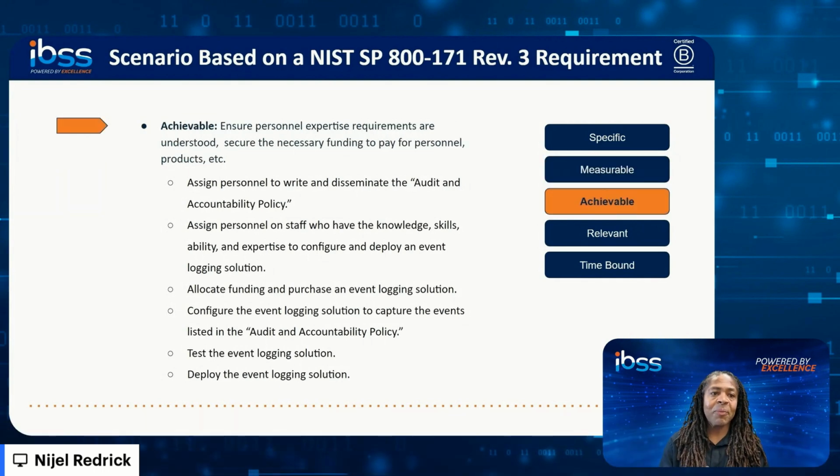Achievable. Now, notice here that our milestones are repeating themselves, but what we're doing is highlighting the attributes of a SMART POA&M. As it relates to being achievable, we want to make sure that the personnel have the requisite expertise.